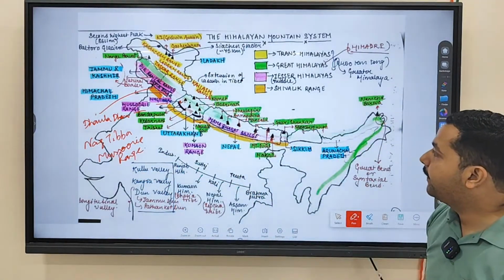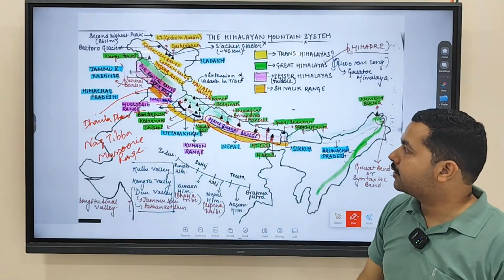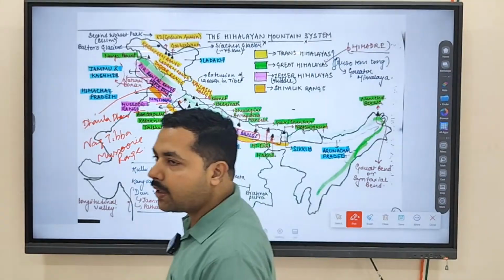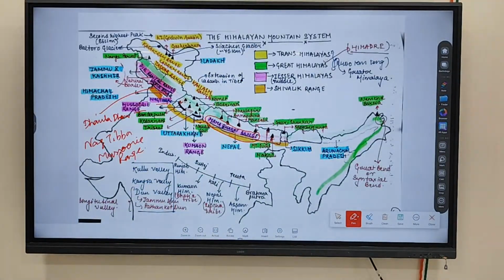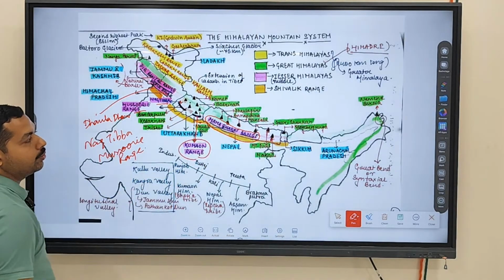Clear? Then in Nepal, which range is there? Mahabharat range. Fine. Any doubt regarding this particular part? Another important range that you're going to find is Kumaon range, which you will find in Uttarakhand.